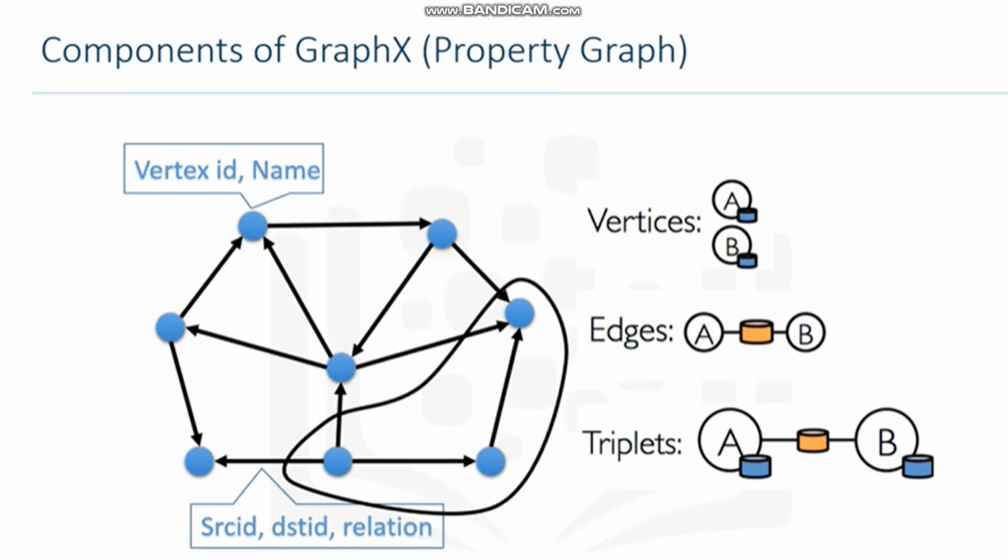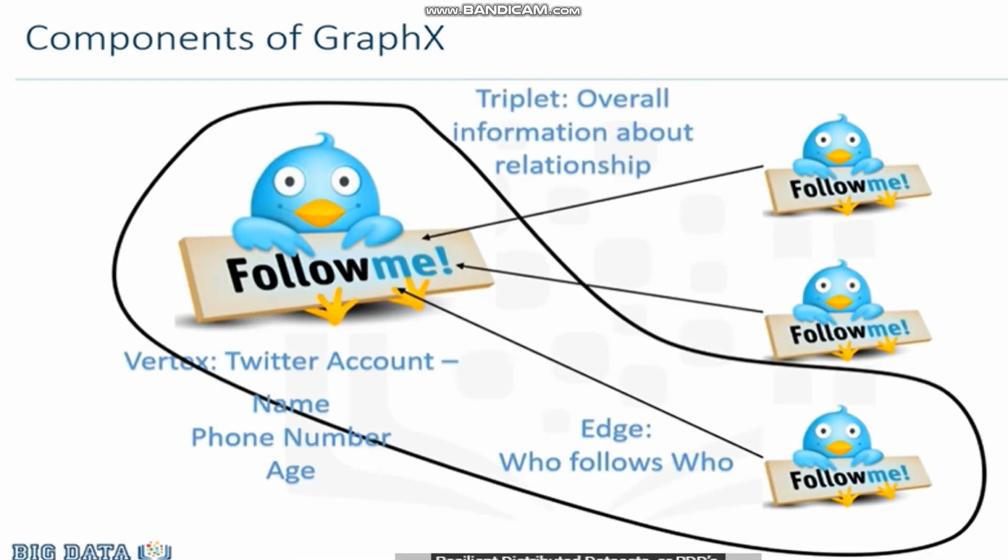Let's go for an example. Say I use Twitter. When you go to Twitter and say follow me, Twitter contains information about the person who has the account, and it provides a unique ID, a unique address, and the account holder.